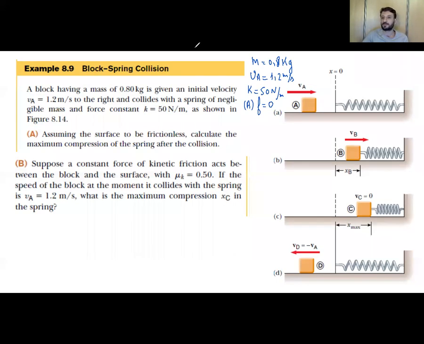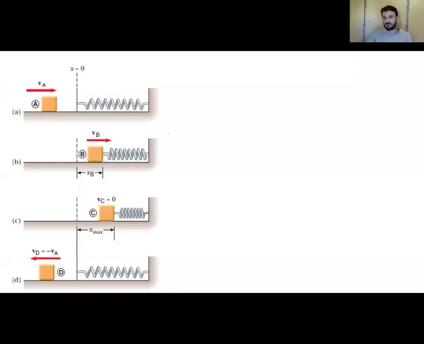Okay, here we have the system. Let's take the system at state 1. State 1 is before the collision, where the object m is moving to the right, and we have the spring at the equilibrium position, x equals 0.